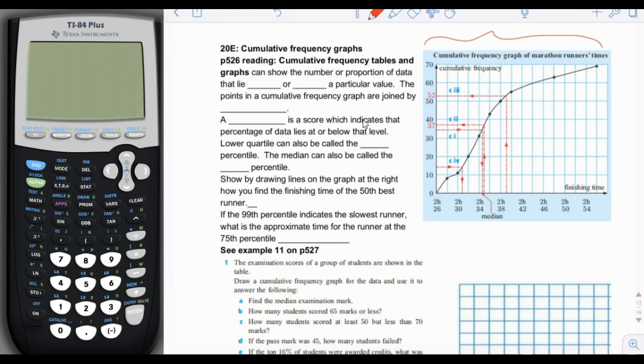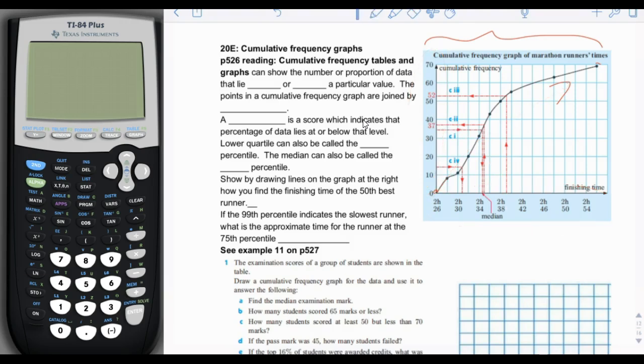They have usually a curved shape where you start kind of at 0 and you increase to the maximum value, steadily going upward. And you can use this graph to take your frequency, which is on the y-axis, and translate it to specific values, which are on the x-axis, and vice versa. And we'll show you how to use these now.